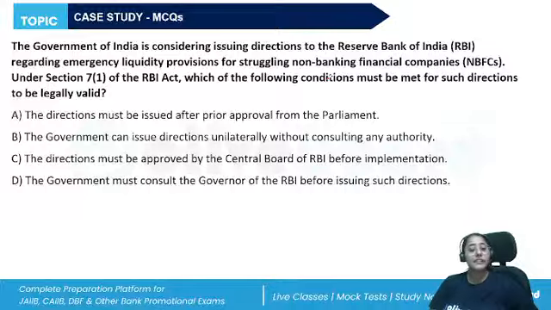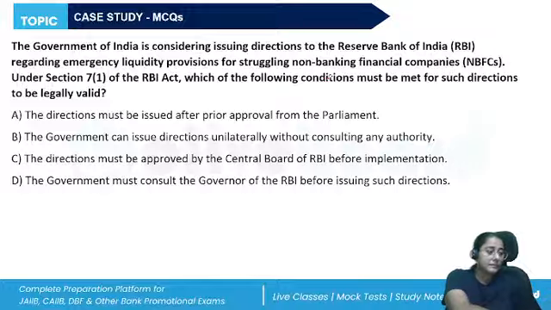The directions must be issued after prior approval from the parliament. The government can issue directions unilaterally without consulting any authority. The directions must be approved by the Central Board of RBI before implementation. The government must consult the governor of the RBI before issuing such directions. What will be the correct answer here?